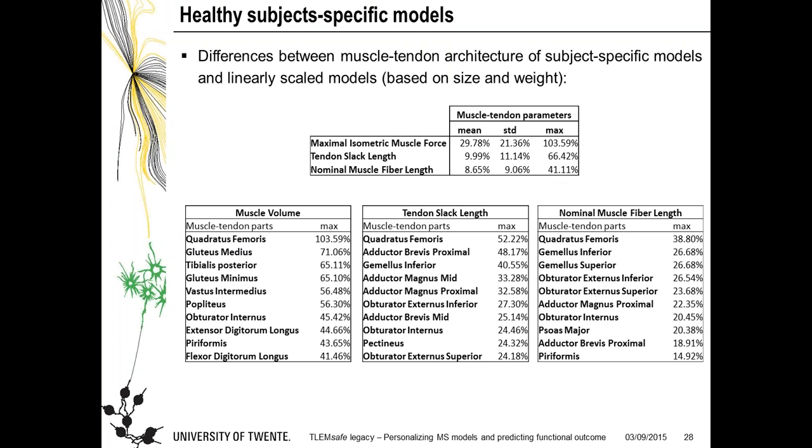Large differences were also found in muscle tendon parameters, with some muscle tendon parts presenting differences larger than 40% for maximal isometric muscle forces, larger than 25% and up to 50% for tendon slack length, and larger than 15% for nominal muscle fiber length. All these differences showed how personalized models are necessary if we aim to reproduce exactly the musculoskeletal system of the subjects analyzed.